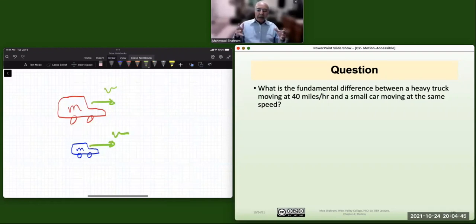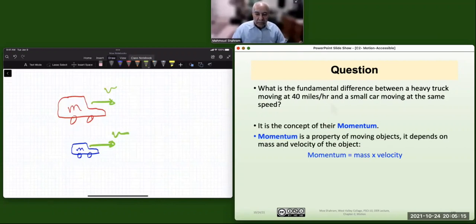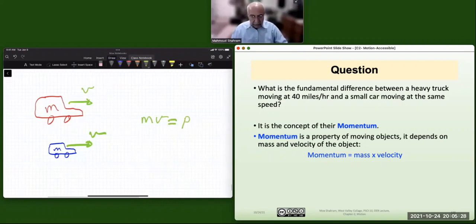If something massive hits a wall, what damage can it do to the wall compared to something smaller with the same velocity hitting the wall? What is involved here is mass and velocity, which basically gives you a momentum. The product of mass times velocity is called momentum, and we show that with P.